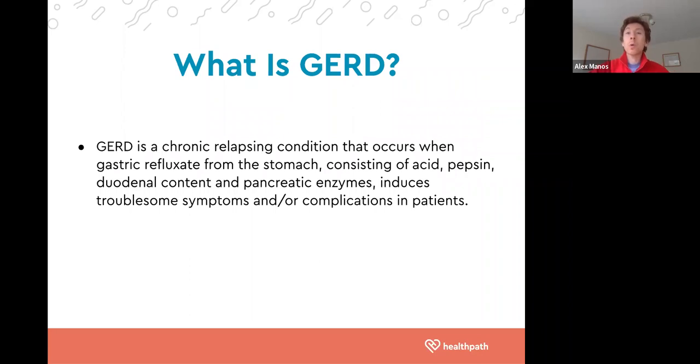And to make sure we're all on the same page, it's worth defining GERD for some of you as well. It's a chronic relapsing condition that occurs when gastric refluxate from the stomach enters the esophagus.